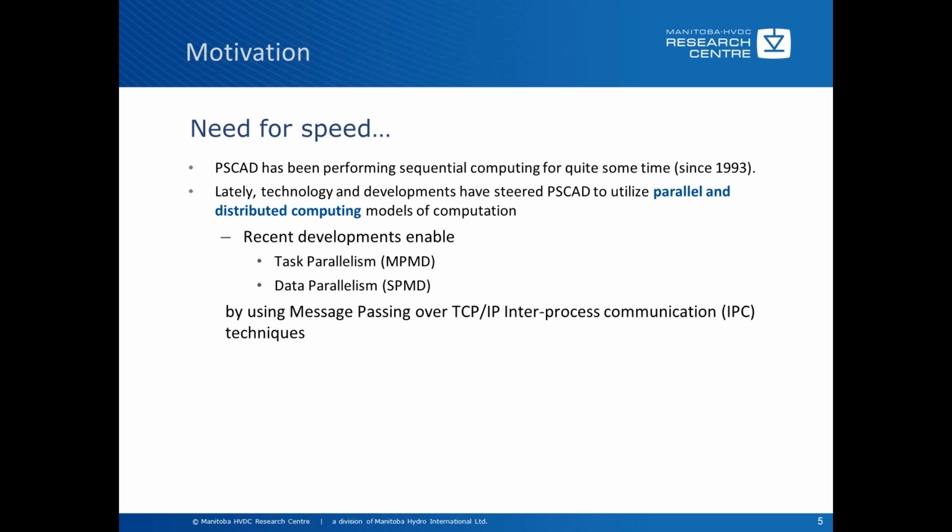This I won't talk about today, but this is heavily used in PSCAD for parallel multiple run. What I'm going to focus on today is one of the more challenging tasks, which is the task parallelism and the latest developments in the task parallelism.